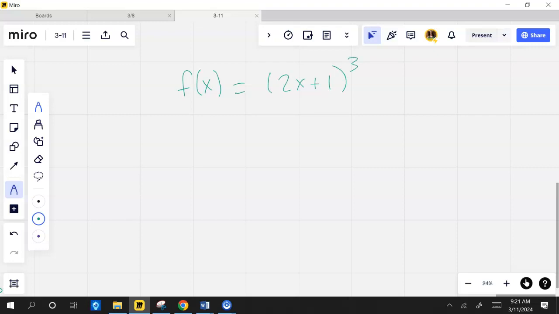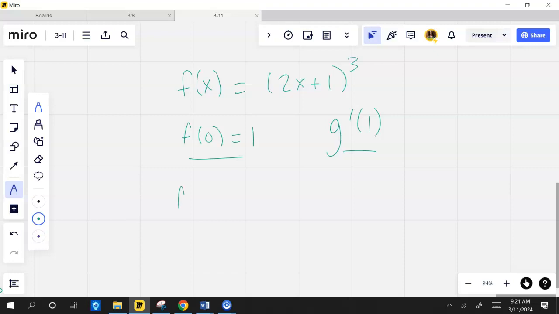Let G be the inverse of F, given that F of 0 equals 1. Now remember, here's what I think about this. Inverses switch X and Y, yes? If F and G are inverses, then they always set these up this way. This is the easy way for me to remember them.